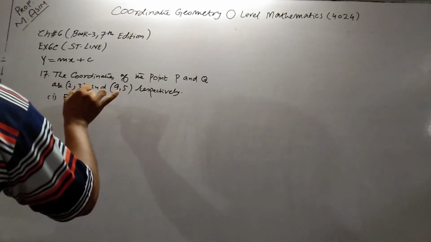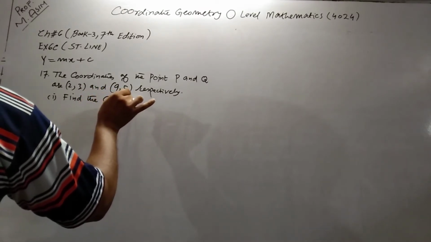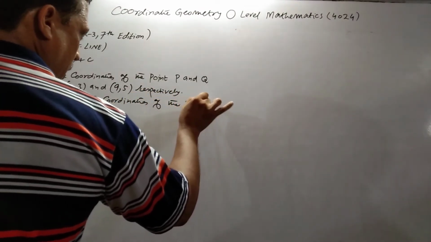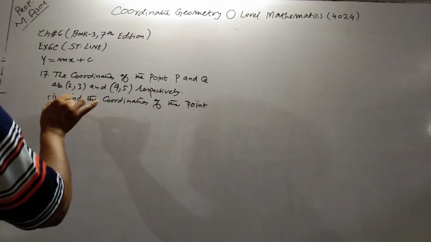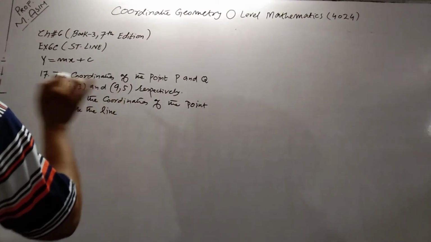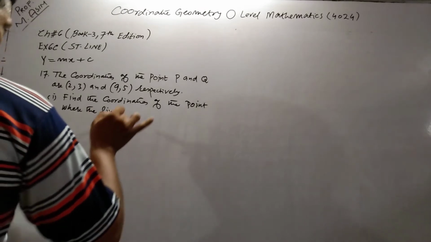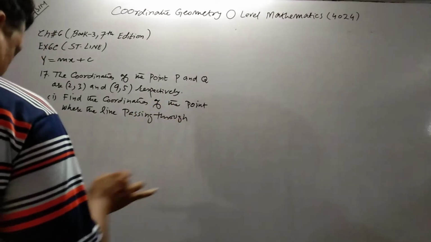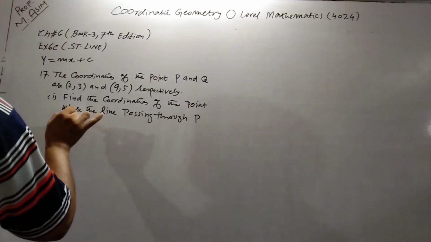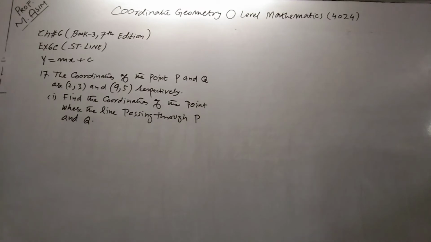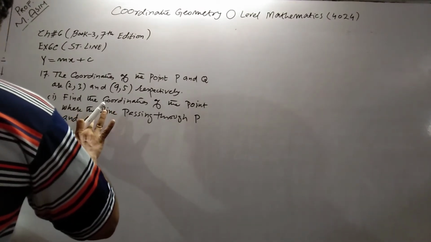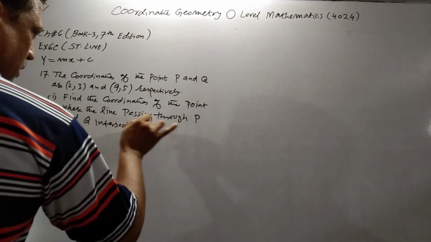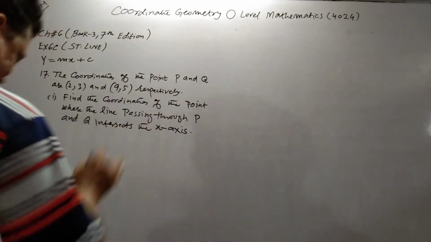Find the coordinates of the point where the line passing through P and Q intersects the x-axis.